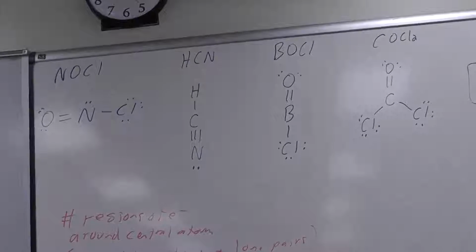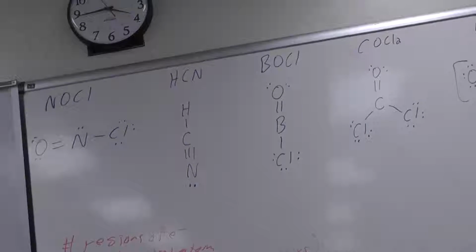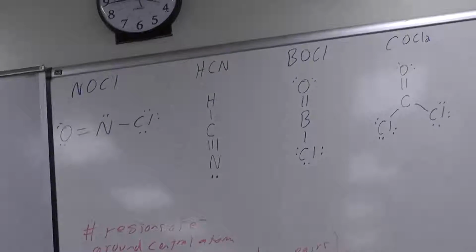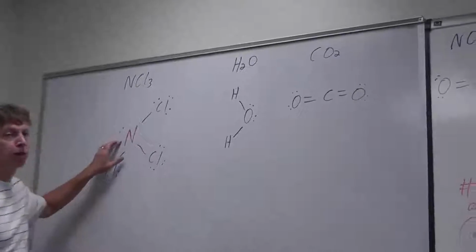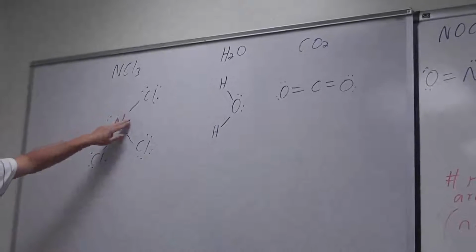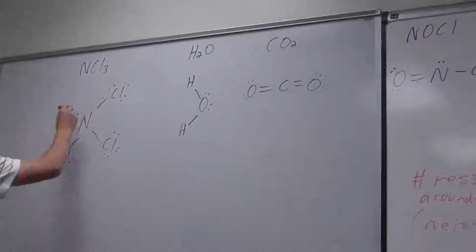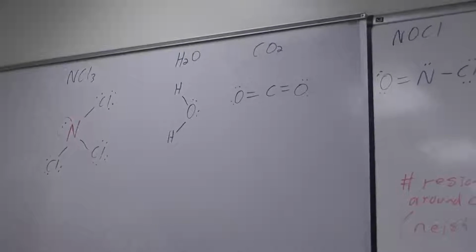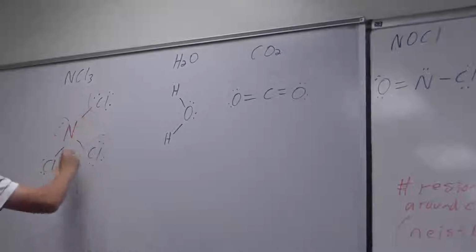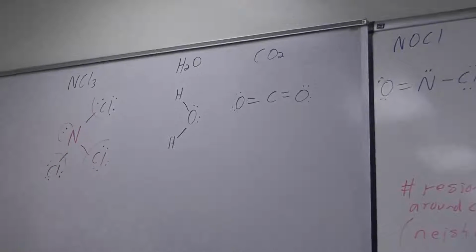So for example, on this nitrogen, for nitrogen trichloride, looking at how many different locations around this nitrogen you've got electrons. You've got electrons here bonded to chlorine, bonded to chlorine, bonded to chlorine, and a pair that it's not sharing with anybody, correct? So that would be 1, 2, 3, 4 locations.